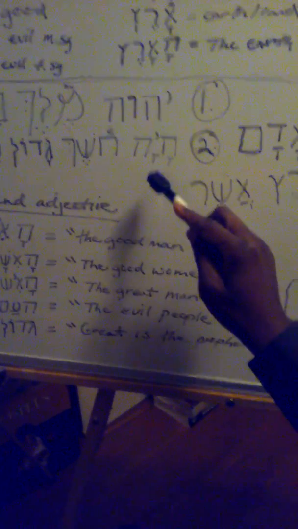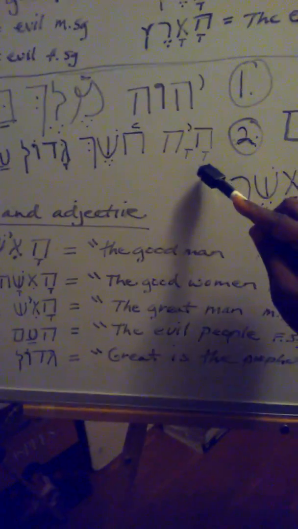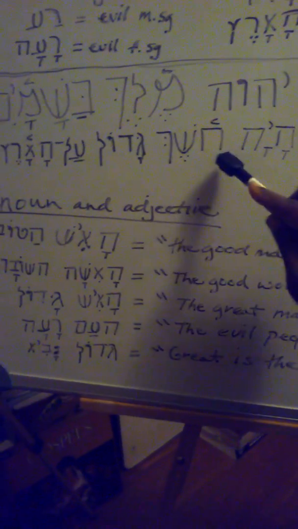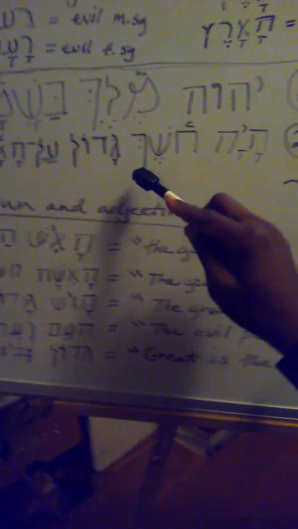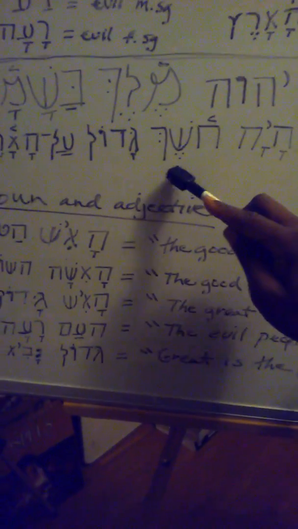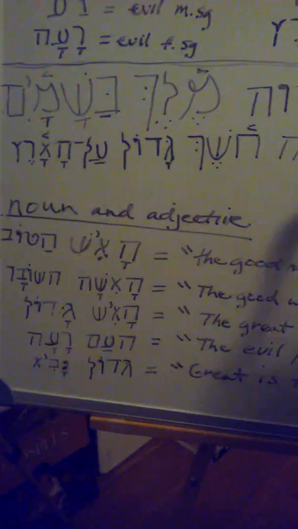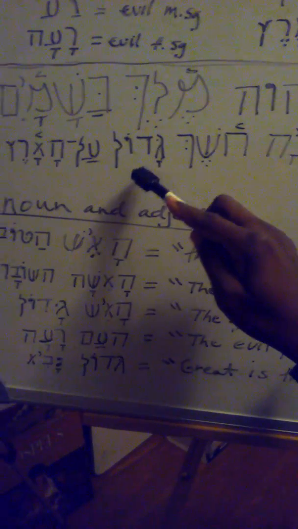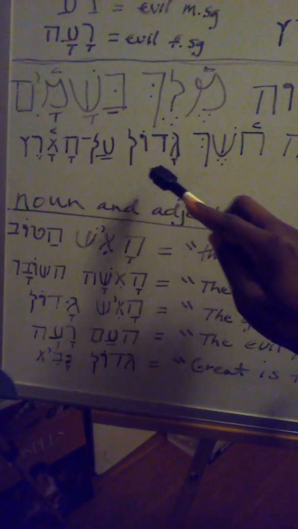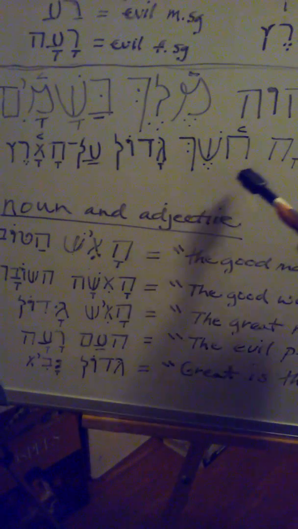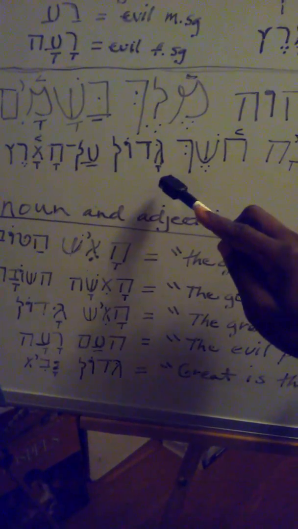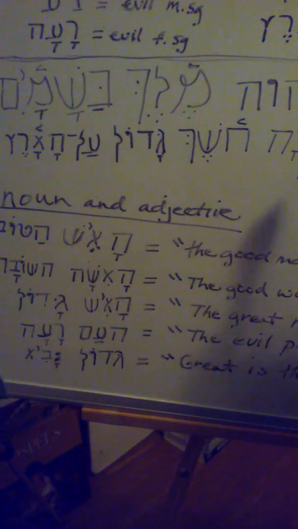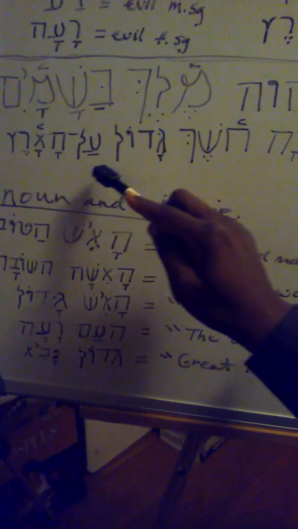Here we have another one of your new vocabulary words, Haya, which is was. Hoshek, darkness. Haya, was. But what kind of darkness? We have, again, the adjective coming after the noun. Hoshek gadol. Great darkness was.